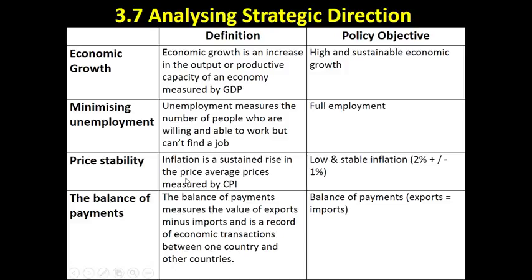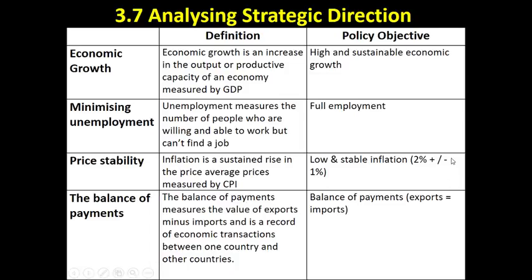If you think back to when you were younger, maybe chocolate bars were a bit cheaper. Prices generally rise over time, and that's called inflation. The government doesn't want 0% inflation, it doesn't want complete price stability. What we want is low and stable inflation of around 2%, 2% plus or minus 1%.